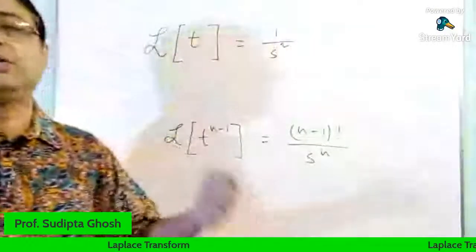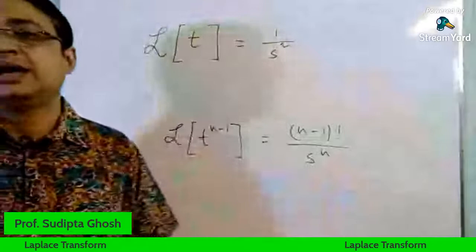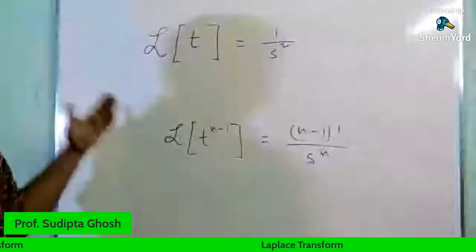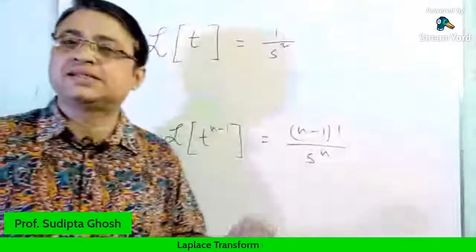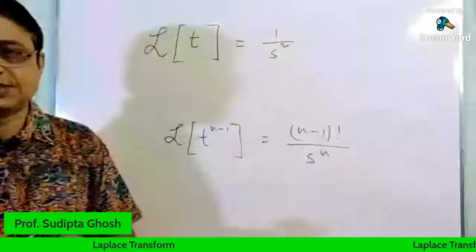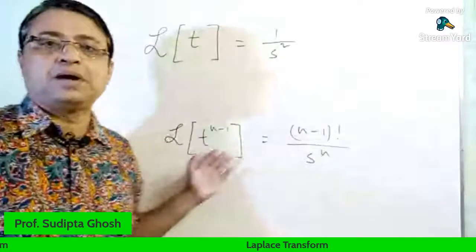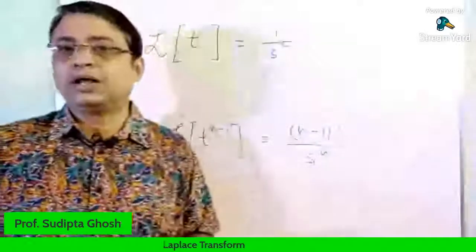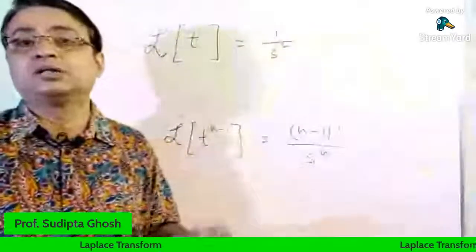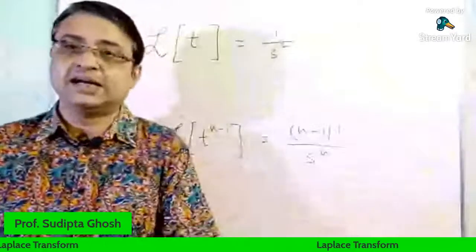So f of t equals t is a very important function, and the Laplace transformation is simply 1 by s square, and I have derived the value from the Laplace transform of t to the power n minus 1, because n is an integer here.